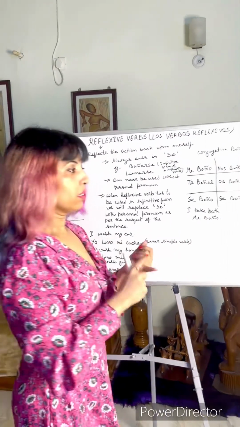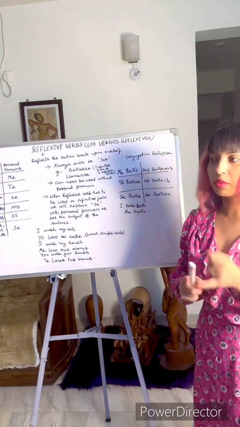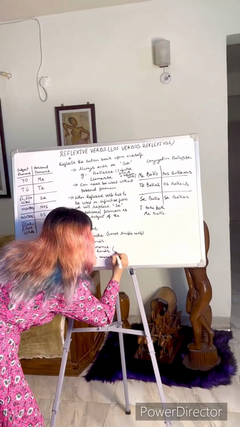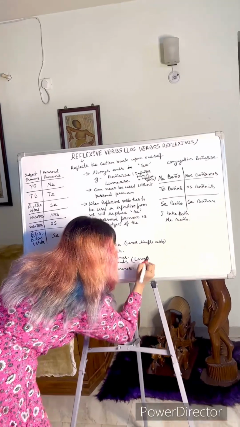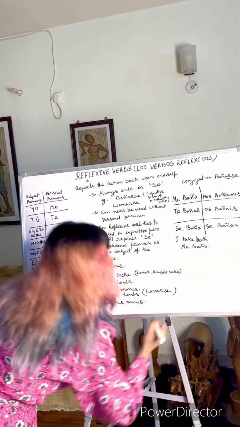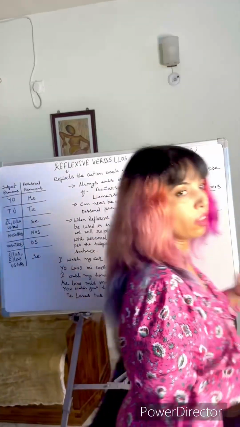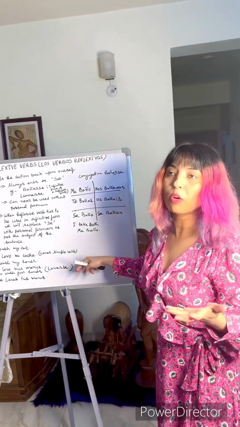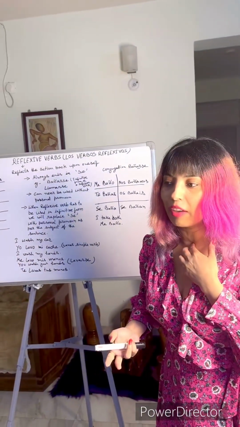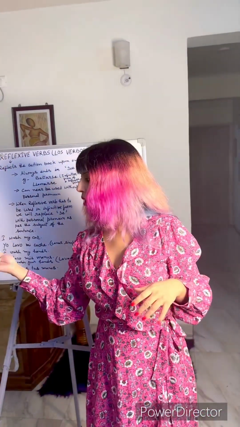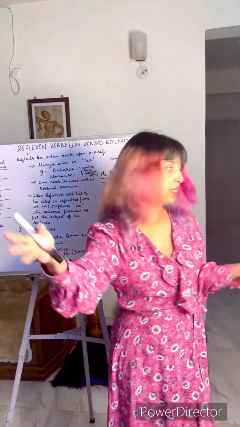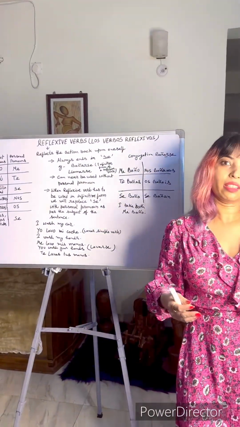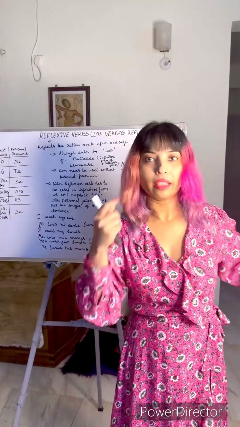So, lavar is one of the verbs that can be used as a simple verb, lavar, or as lavarse. It depends on which scenario you are going to use this verb in. Same goes for the verb poner. Poner means to put. If I am putting something on a table or anywhere else, or in the refrigerator, it would be the normal verb poner.